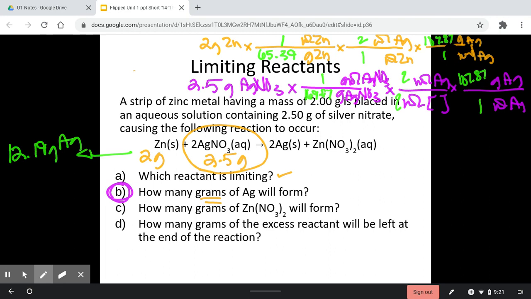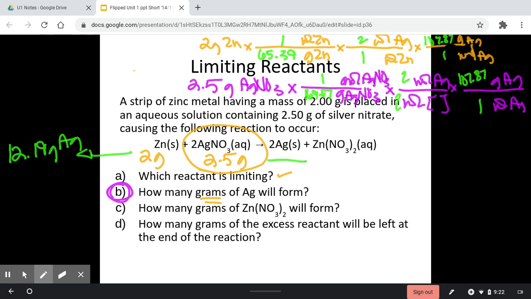So in this top one, from zinc, if I react all my zinc, I can produce 12.19 grams of silver.